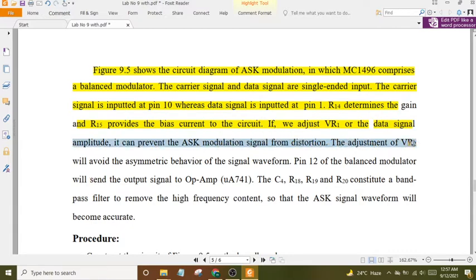Adjusting VR2 will avoid the asymmetric behavior of the output signal waveform. Pin 12 of the balanced modulator will send the output signal to the op-amp UA741. C4, R18, R19 and R20 constitute a band pass filter to remove the high frequency content so that the BASK signal waveform will become accurate.